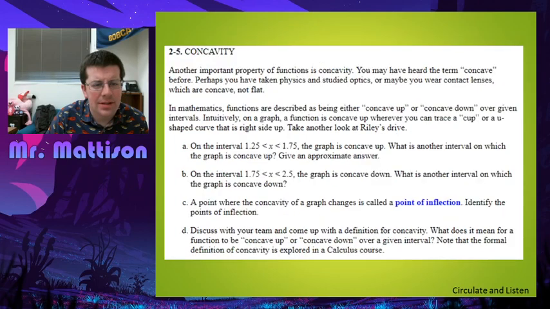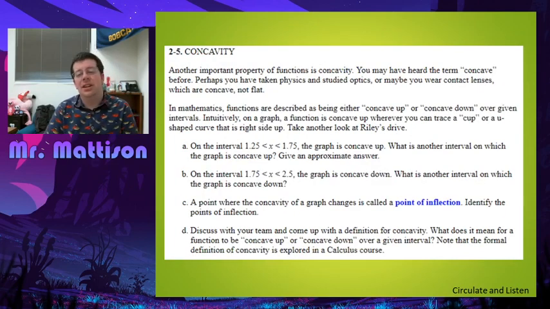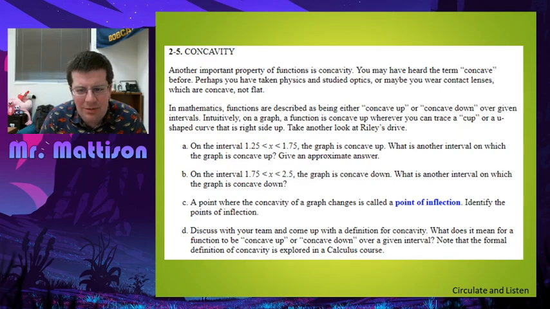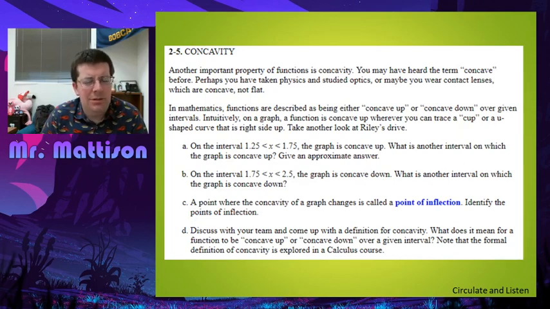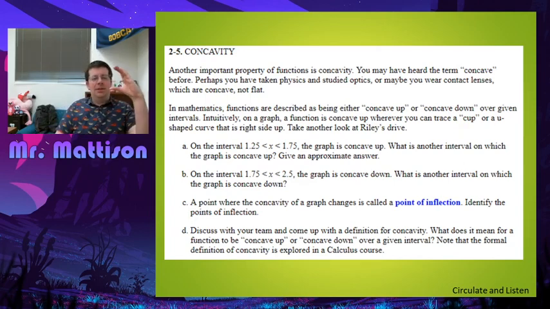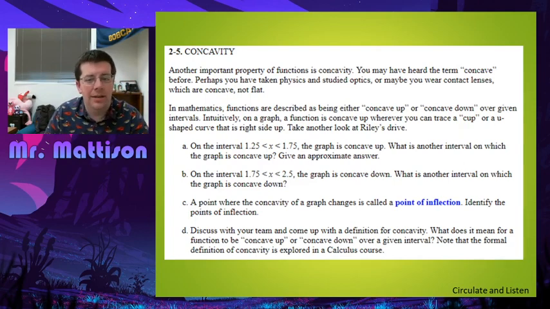Okay. Then concavity. This is our last new thing that we're going to be going over. So concavity, you kind of know what concave means. Think of a parabola shape or a curve, right? In a C shape. It's the curved part that is said to be concave.